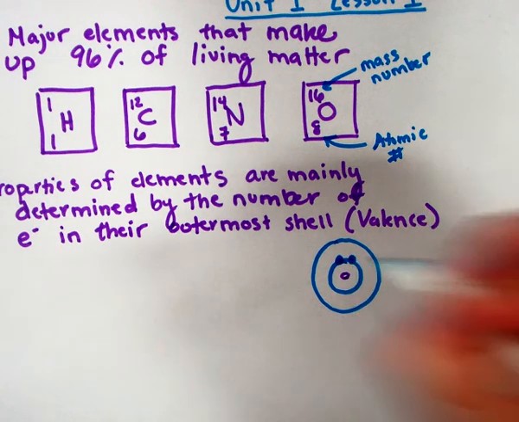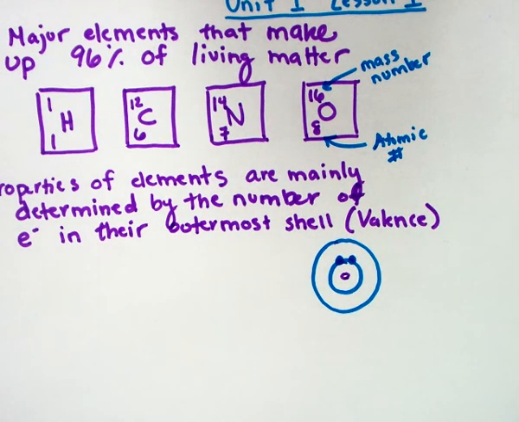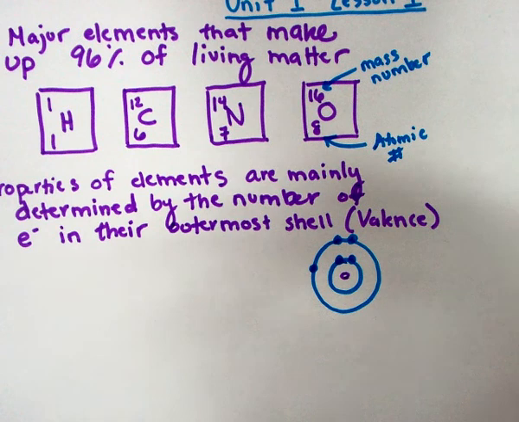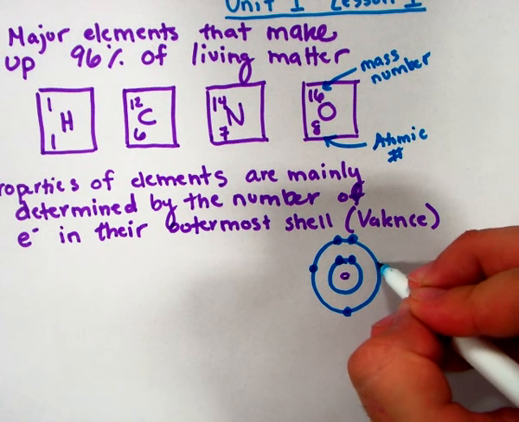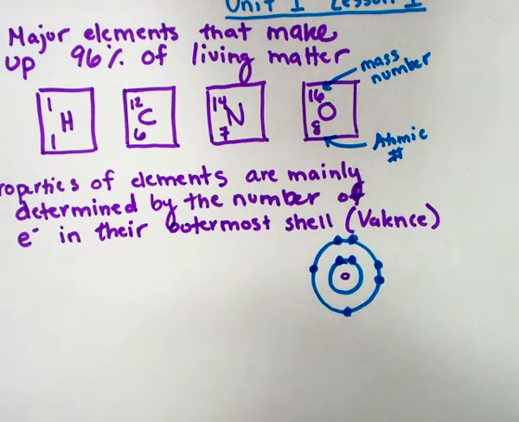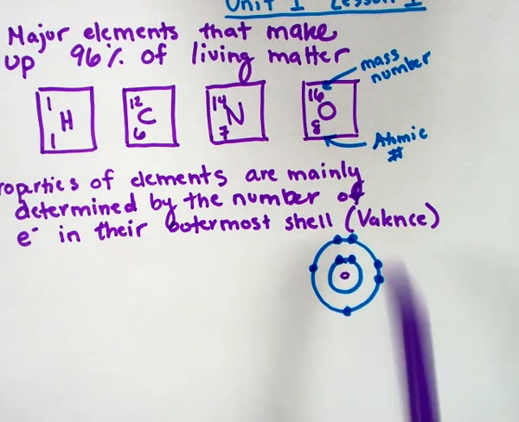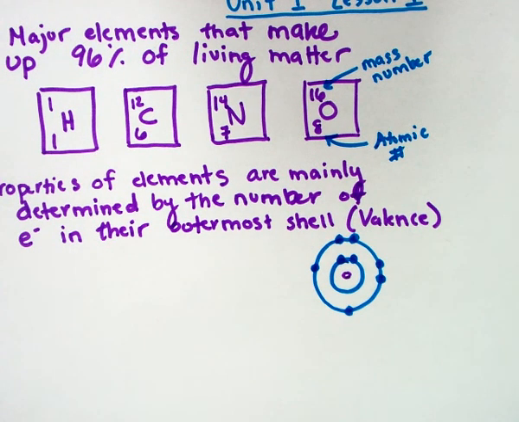So we got 2 electrons, leaving 6 to the valence shell. We got a total of 6 in the valence shell. And the capacity of that second shell is 8. Oxygen.